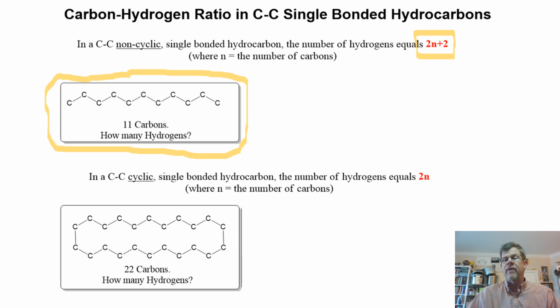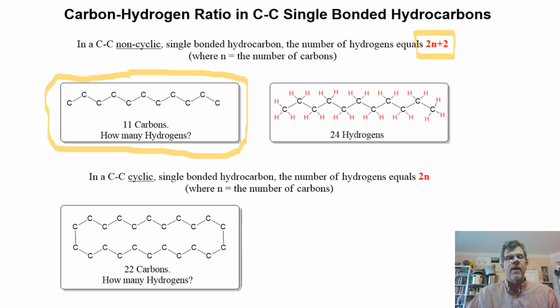That's the number of hydrogens per the number of carbons on a molecule. So if we had 11 carbons on the molecule, the number of hydrogens would be 2 times 11 plus 2, which is 24 hydrogens. Now, granted, we could very easily just draw all these hydrogens in and count them. This is a much easier way to do it.